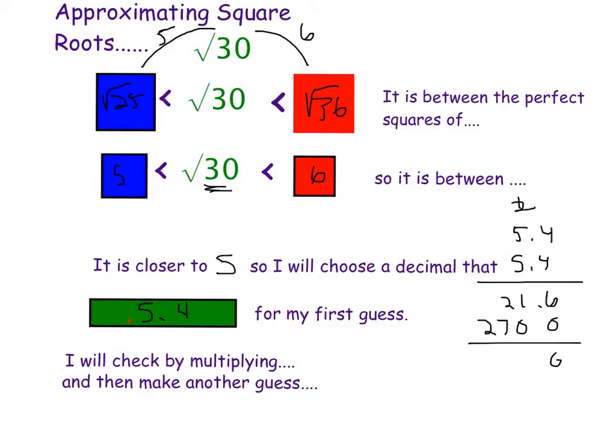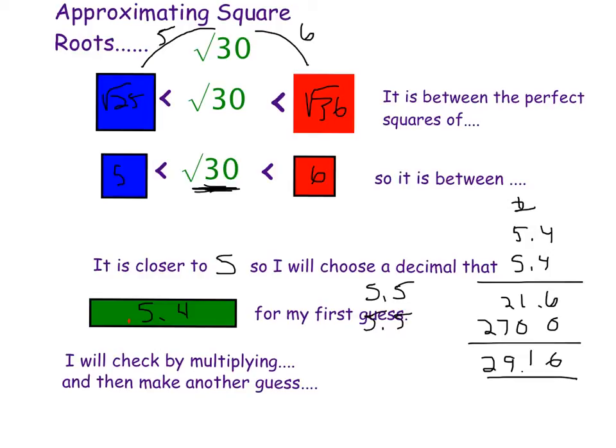I'm going to add down. 29.16. 29.16 is approximately 30, but can we get closer? So now I'm going to do my second guess. Since this is smaller than 30, I'm going to guess 1 decimal place higher, so 5.5.